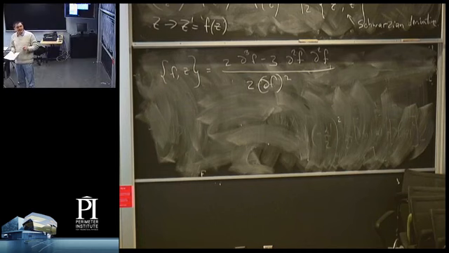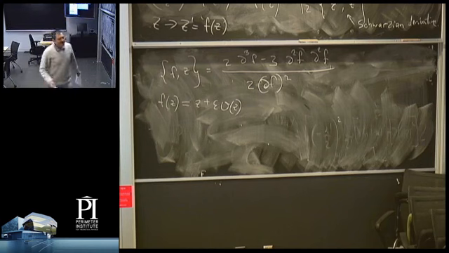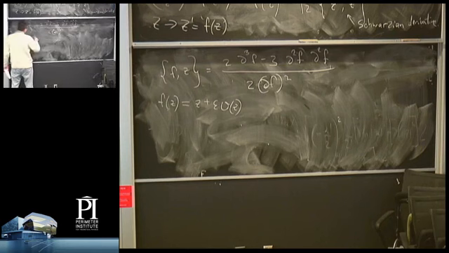One way to check that that's true is to simply take this general expression and do an infinitesimal expansion. You say that f of z equals z plus epsilon of z, and if you use the definition of the Schwarzian derivative substituted here, you will reproduce exactly these transformation properties.